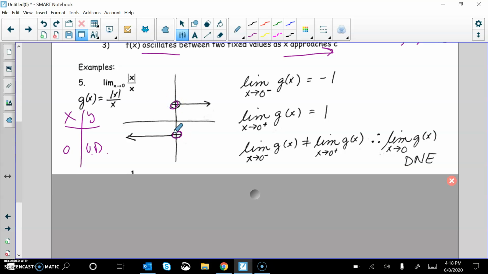If you plug in numbers from the left, the y coordinate is going to be -1. Oh, I apologize, let me fix this. 1.99 is not near 0.